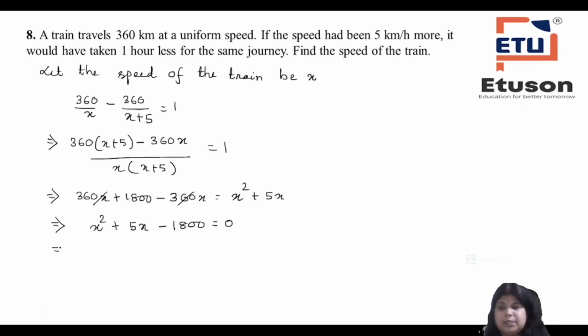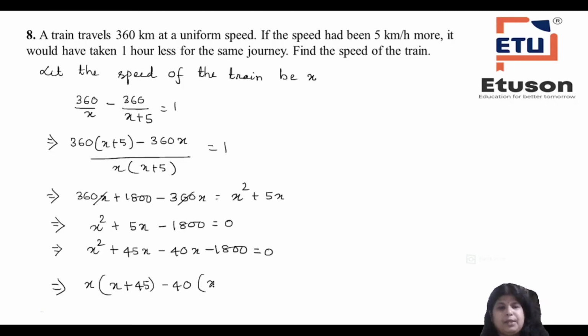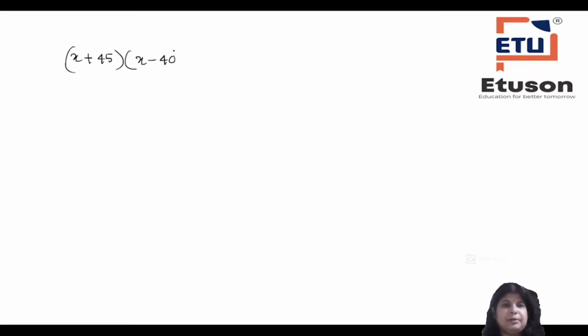So now we are free to find out the solution to the quadratic equation by using any of the formula or any of the method. So I am using again the splitting the middle term or factorization method. So this 5x can be written as 45x minus 40x minus 1800 is equal to 0. So taking x common, you will have x into x plus 45 minus 40 into x plus 45 is equal to 0. So you will get x plus 45 into x minus 40 is equal to 0.